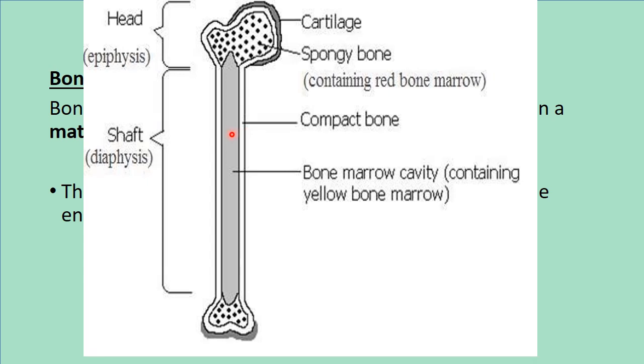So in between the compact bone there is a material called bone marrow, and it's yellow, so it's called yellow bone marrow. Okay, then the spongy bone here and here is made up of another bone marrow which is red, and it is called red bone marrow. Okay, then the spongy bone is covered by a cartilage.